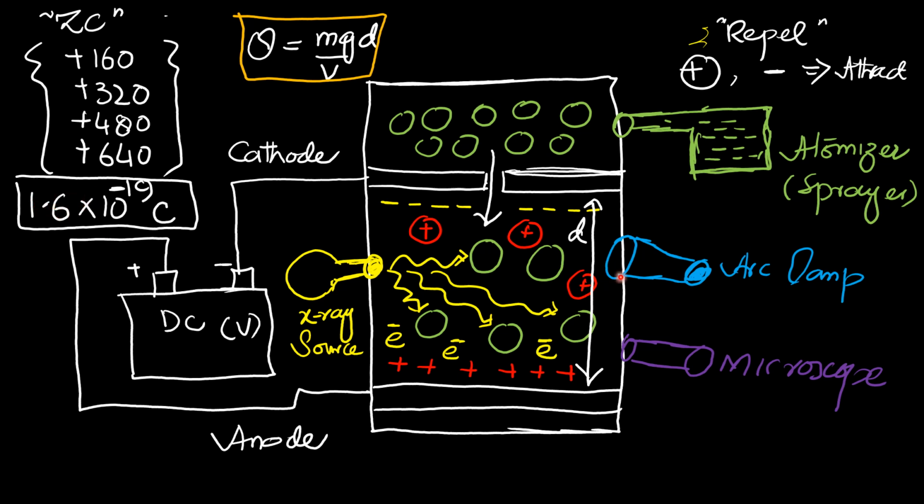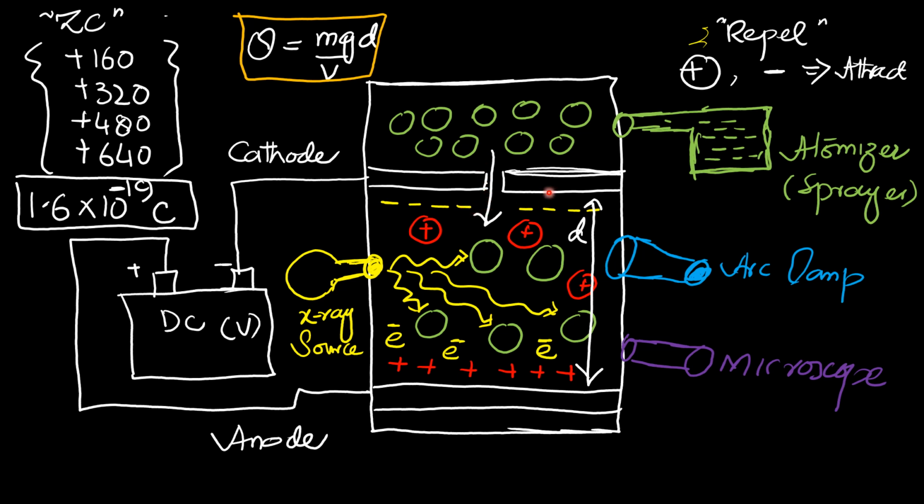So now, dear student, let us conclude the Millikan oil drop experiment. In the Millikan oil drop experiment, Millikan used a simple vacuum chamber in which he incorporated molecules of oil. These oil molecules have mass as well as weight, and due to this they feel a gravitational force.